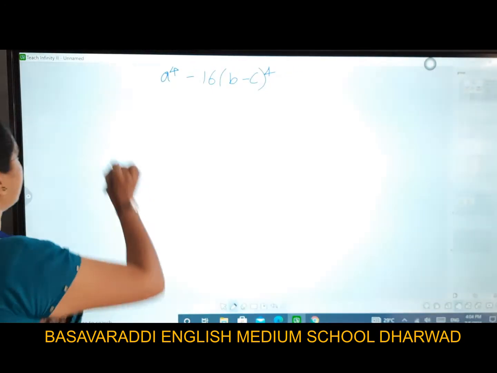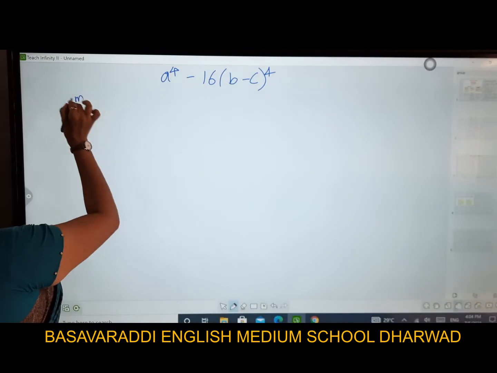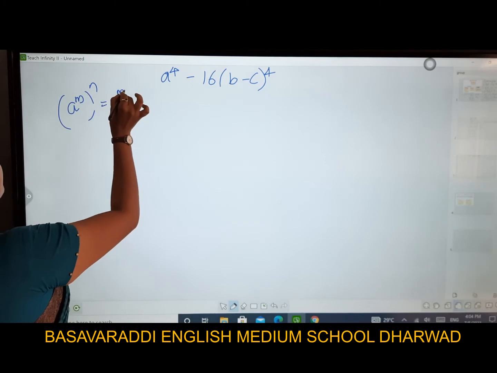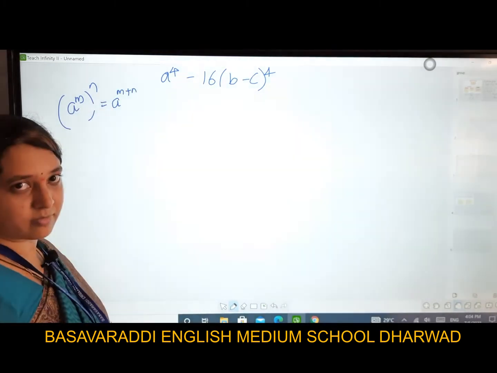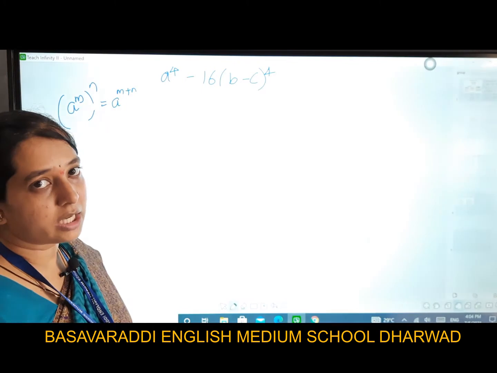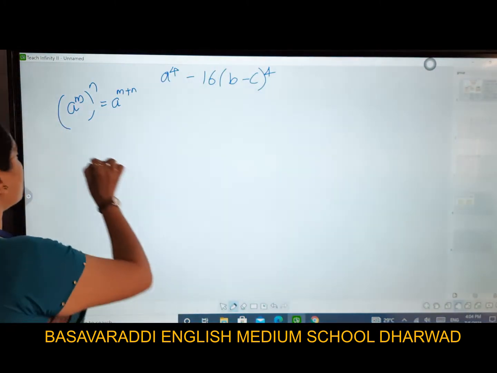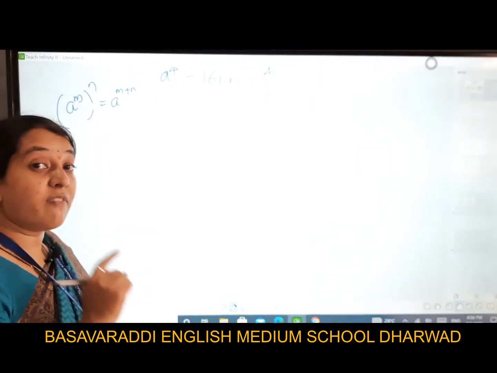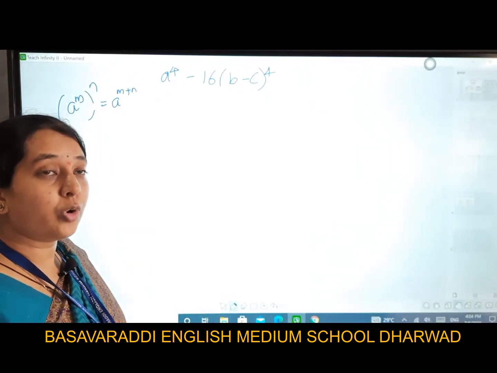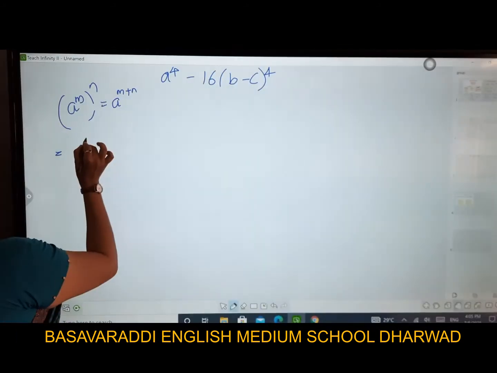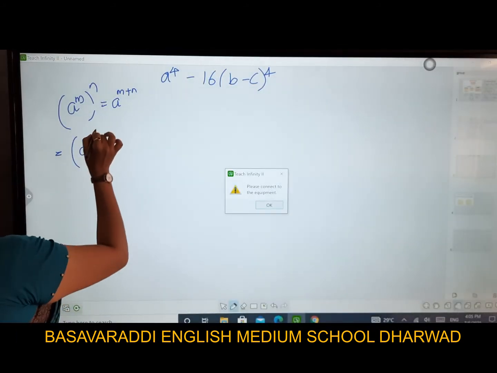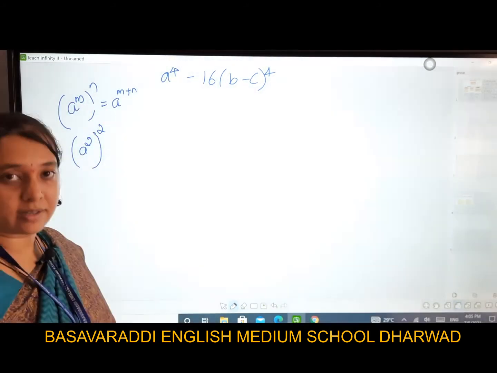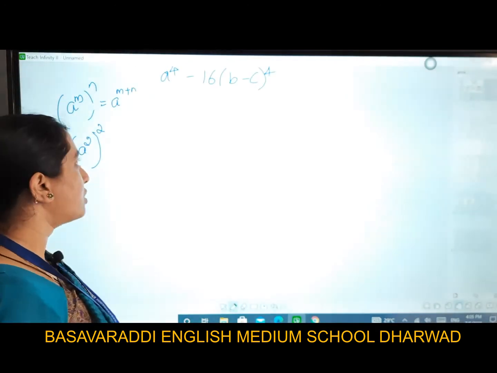One of the formulae says a raised to m whole raised to n will give me a raised to m into n. You are very much familiar with this. So here we have a raised to 4. When we are able to get a raised to 4, then we have a square whole square.